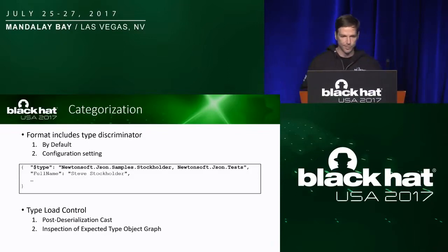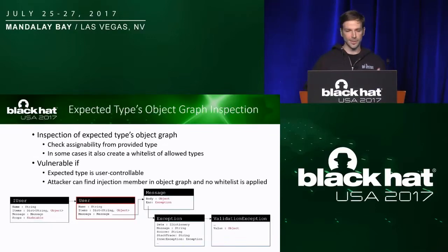The other type control that most of the libraries do is perform what we call the inspection of the expected type object graph, which sounds a little bit complex, but is actually very simple. The library will check what the expected type is.